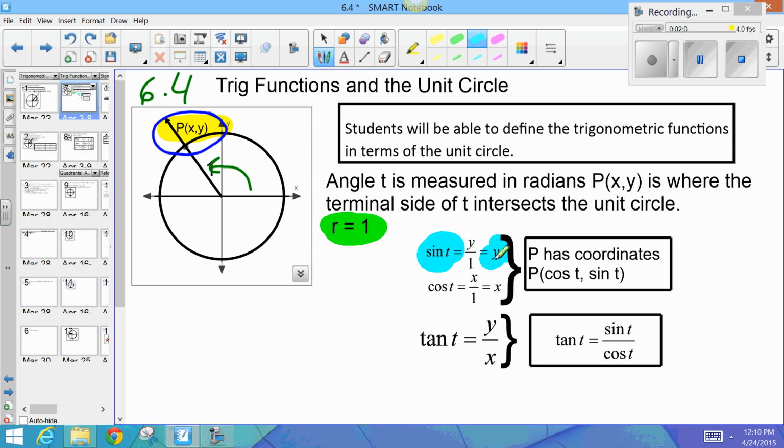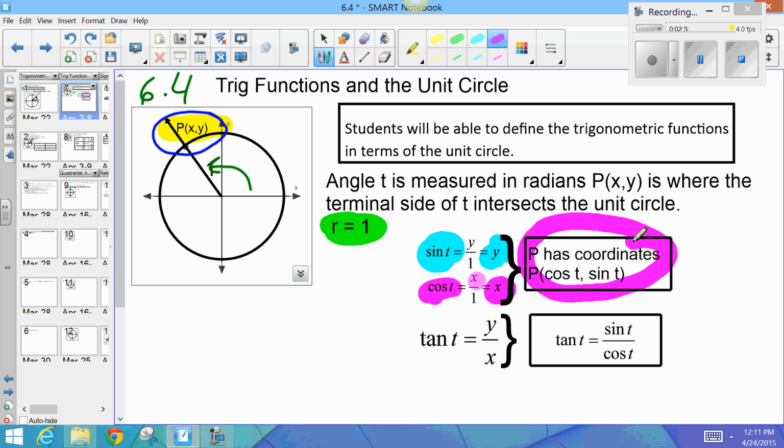And since the cosine is x over r, and r is 1, the cosine is equal to the x coordinate of that point, whatever that point is where the terminal side of the angle intersects with the unit circle. So on the unit circle, the coordinates of P are cosine of t, because that's x, and sine of t.